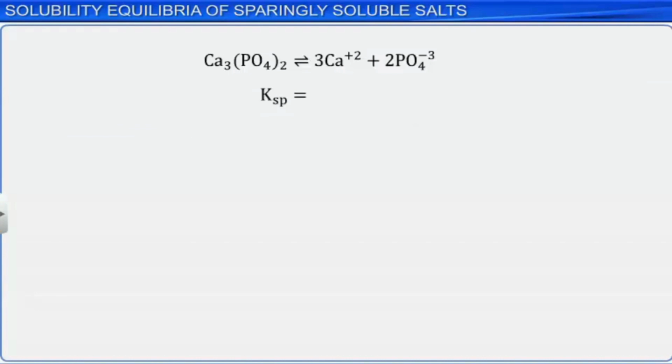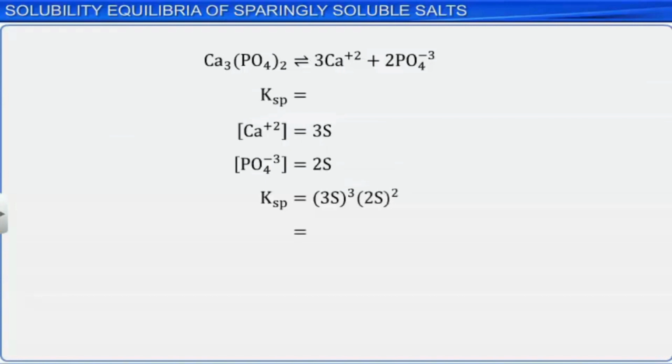If S is the molar solubility of calcium phosphate, then the concentration of Ca+2 ions will be equal to 3S and the concentration of phosphate ions will be equal to 2S. Substituting the concentration of calcium and phosphate ions in the Ksp equation for calcium phosphate, we get the solubility product Ksp is equal to the product of 3S raised to the power of 3 and 2S raised to the power of 2.